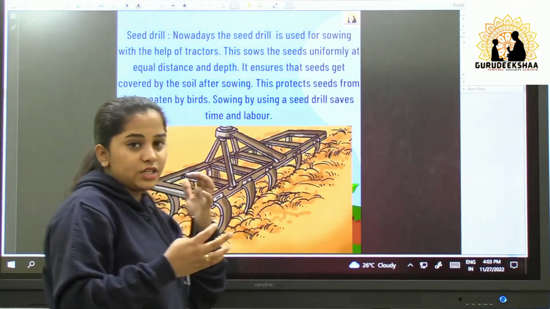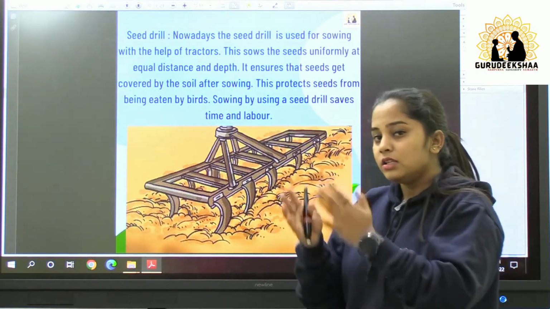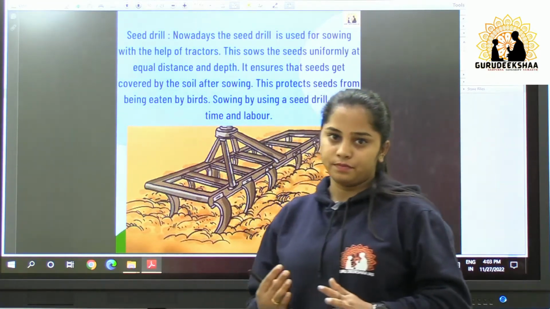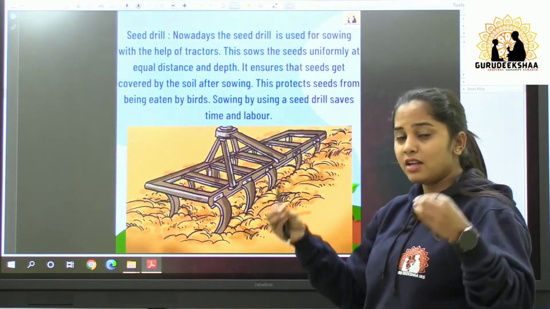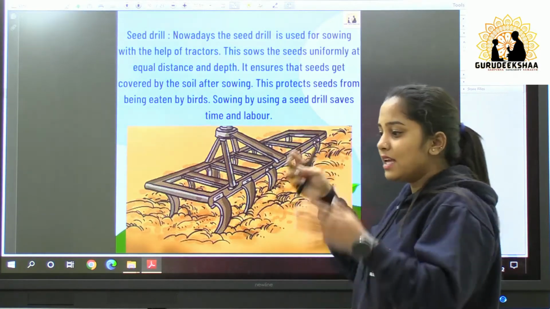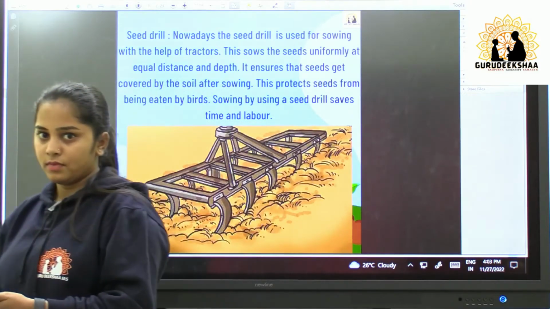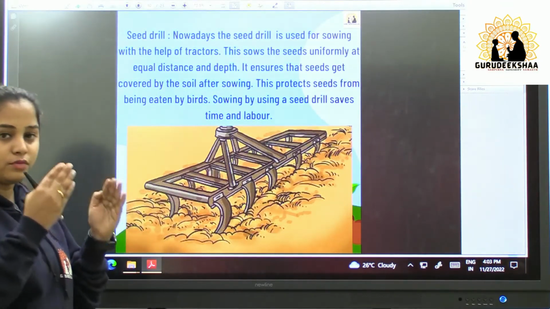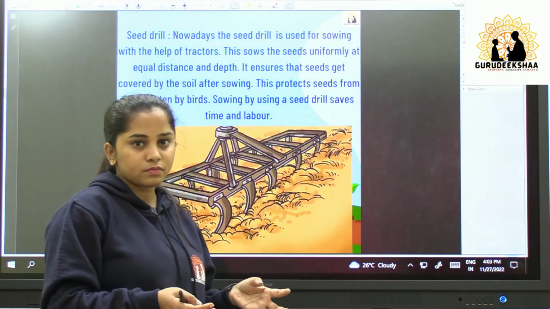Obviously, in ancient days with the funnel, the uniformity wasn't there. In this, the seeds are sown uniformly at an equal distance. So there is one track where we know where the plants are growing, and we will know where we should not walk on the plants before they grow, right?